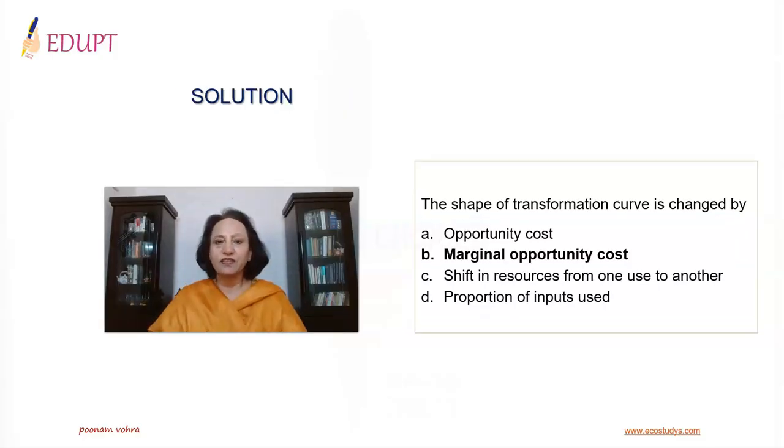Please check your answer. The correct answer is option B. That is, the shape of transformation curve gets affected by marginal opportunity cost, implying whether marginal opportunity cost is increasing, decreasing or remains constant. In each case, the shape is different.